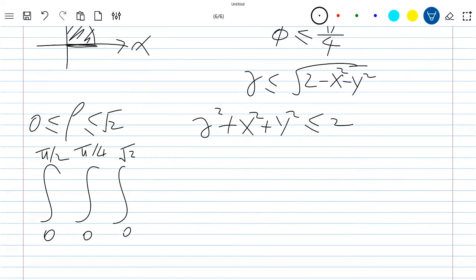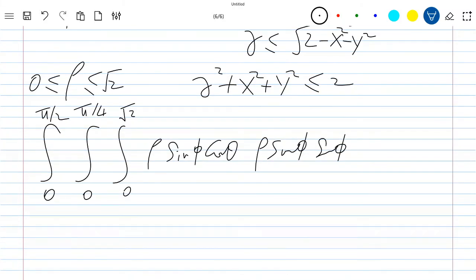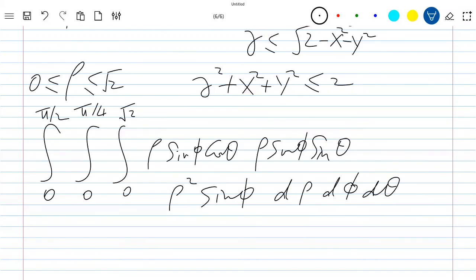Okay, let's write down the xy: x, y, theta, then rho squared sine phi d rho d phi d theta.